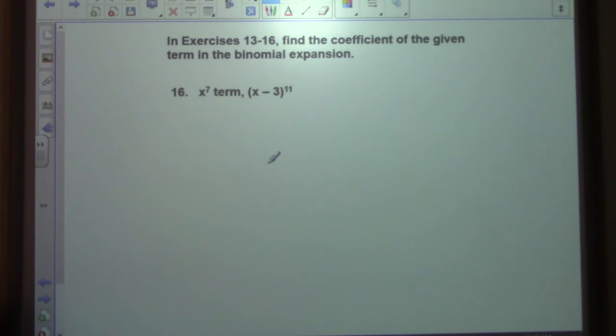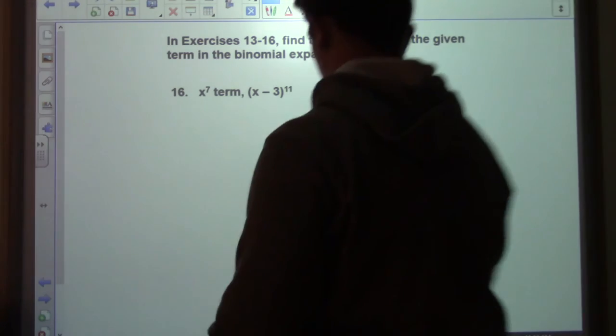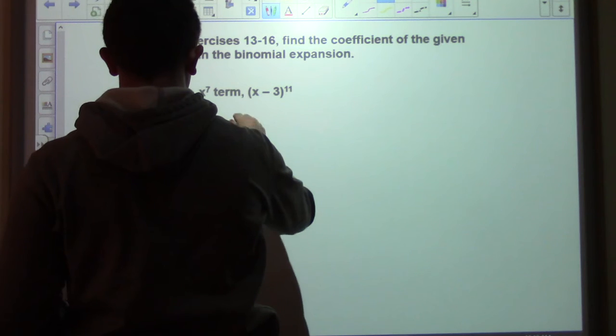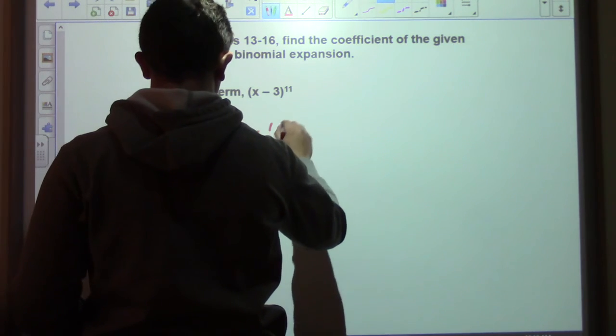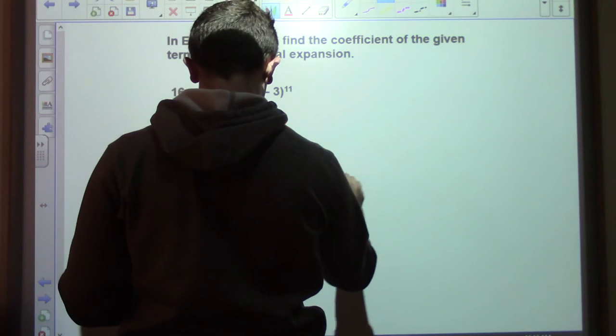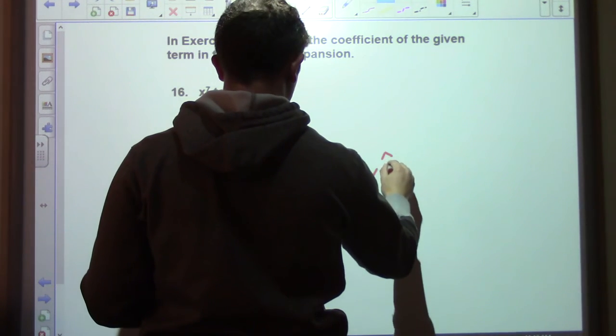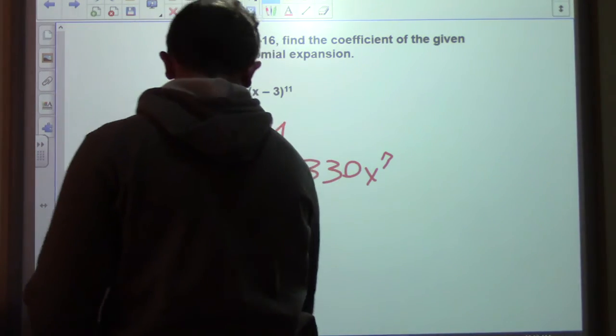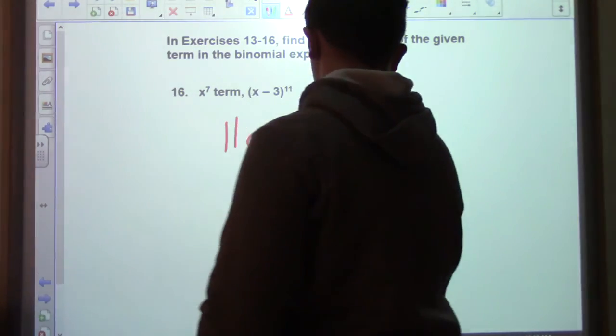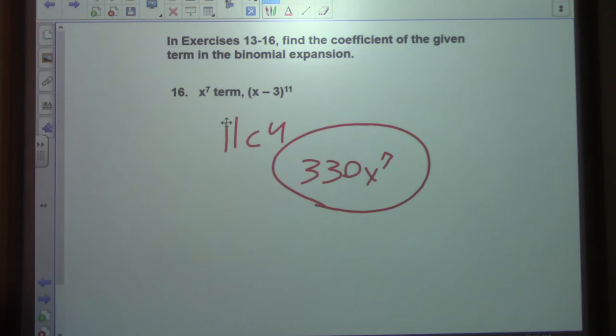Okay, for this next one, I still have the same thing. Because it's negative 7. Good. Okay, 330 x to the 7th power.